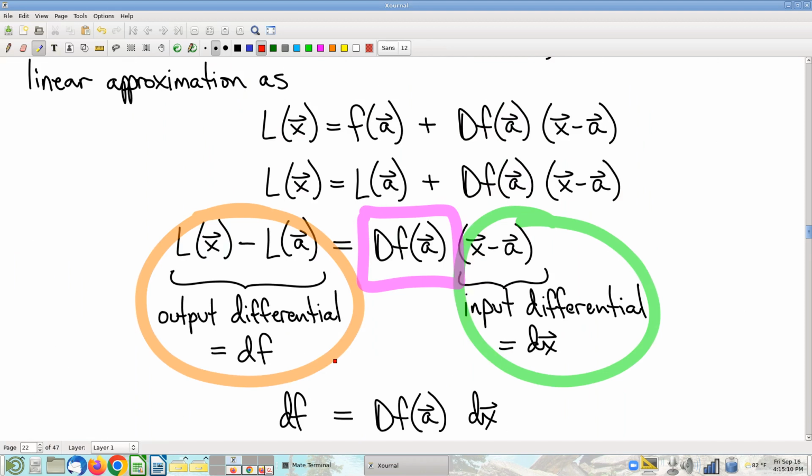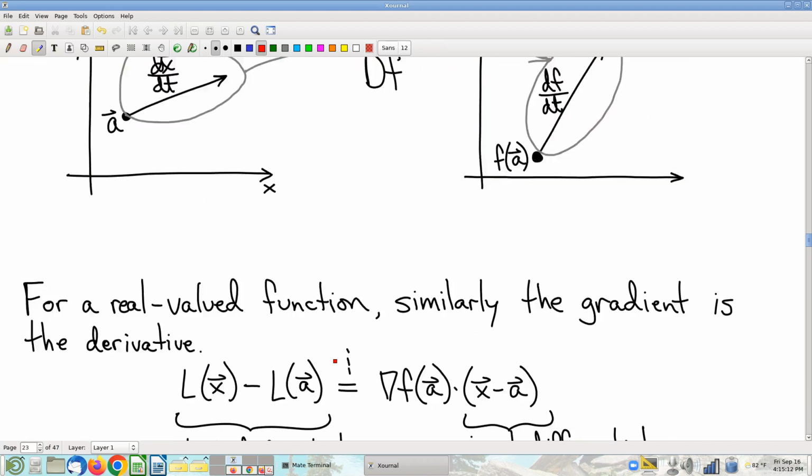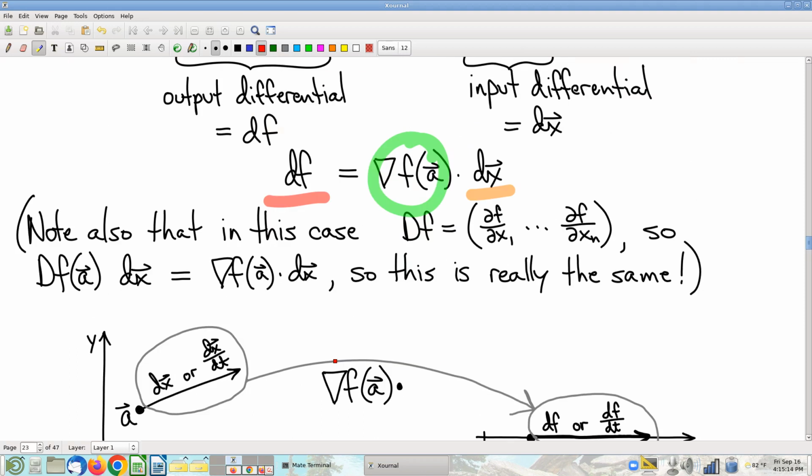And the answer is they're actually the same. So, in fact, if you were to take this real valued case, notice that instead of writing the gradient and doing a dot product, you could instead take the derivative matrix. Now, this is real valued, so there's only one row. There's only one component of output to take partials of.